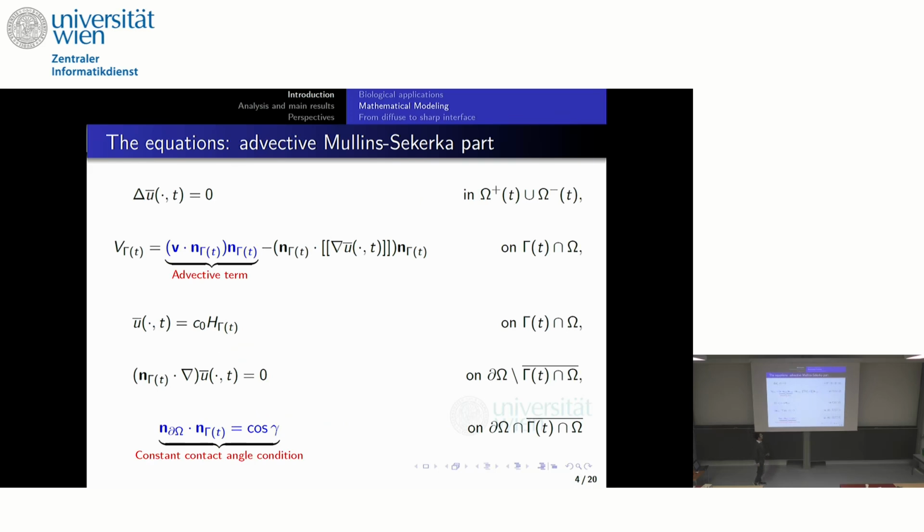So the model is this. This is exactly as Sebastian represented, up to the addition of an advective term. This blue term is the effect of the advection, because you have a fluid inside and outside which tries to transport our surface.